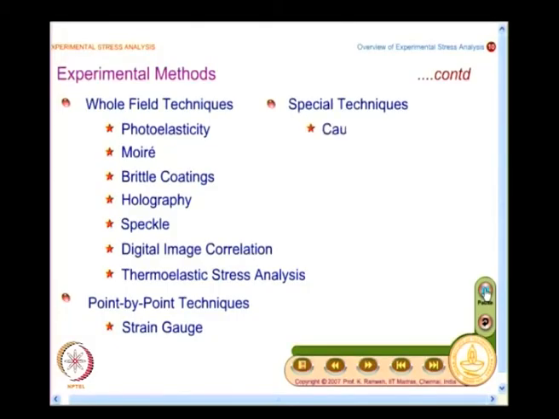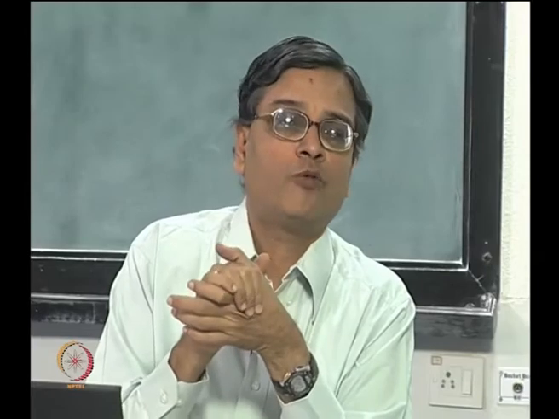And you also have special techniques. As I mentioned in the beginning of the class, there is an optical phenomenon where light gets reinforced and you get a silver line. You have this as the phenomenon of caustics, which is used in high stress gradient problems, like when I want to find out the stresses developed in the vicinity of a crack.